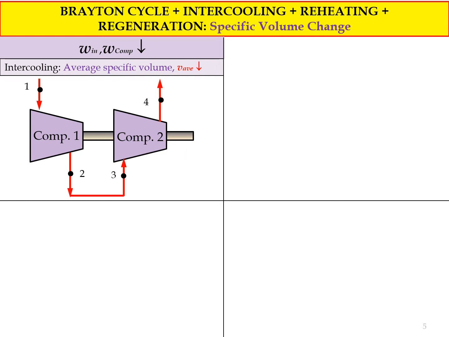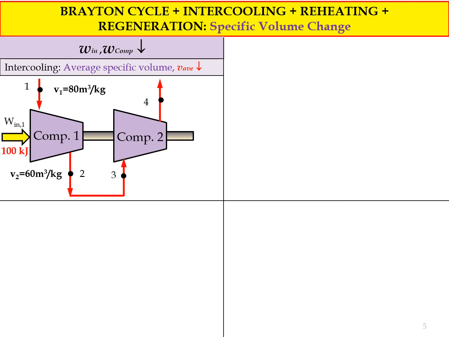From state 1 the air goes into compressor 1, and the output is state 2, and then it goes into compressor 2. The output of it is state 4. Let's assume the specific volume going into compressor 1 is 80 meter cube per kg, and the output is 60 meter cube per kg.